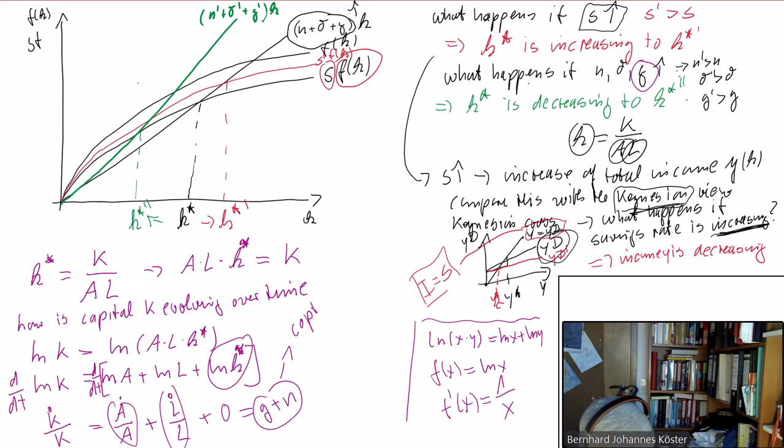So capital is growing by g and n. And so if we actually look at this dependence here, that capital over time is mainly driven by the growth rates of technology, then you see also here this neoclassical view.